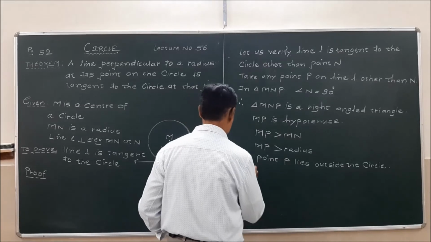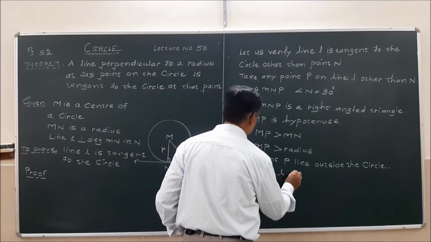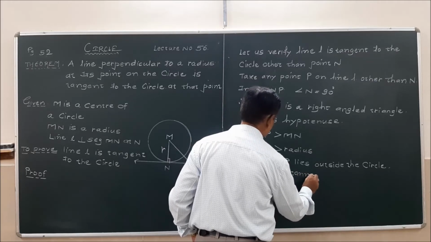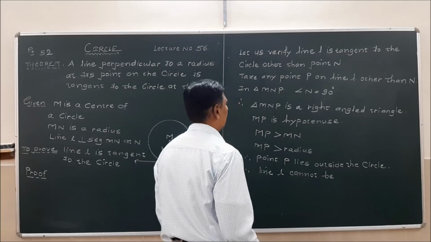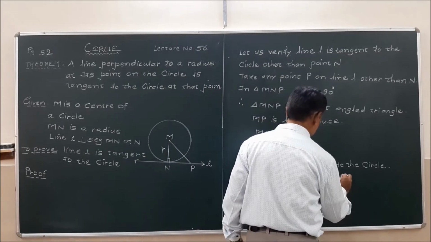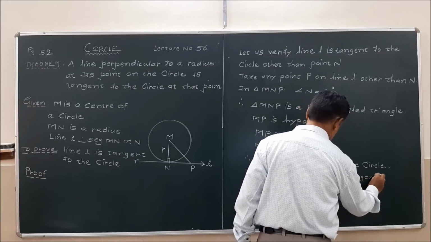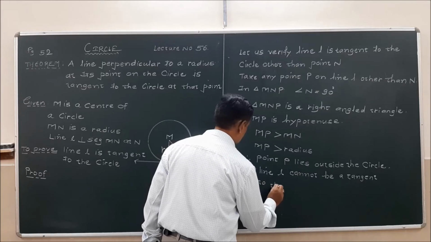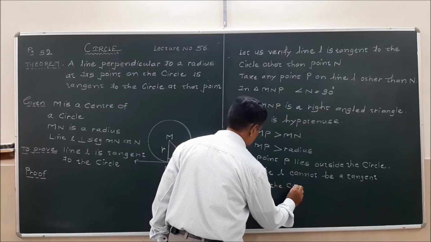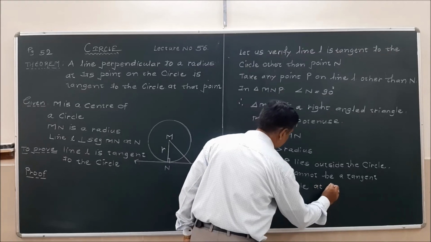Therefore, line L cannot be a tangent to the circle at point P.